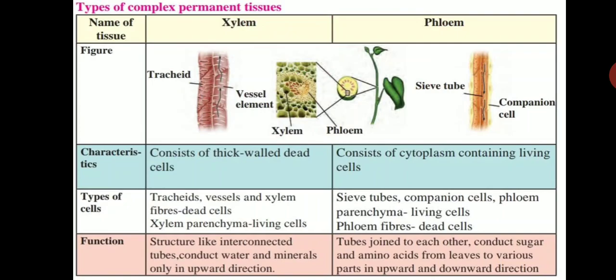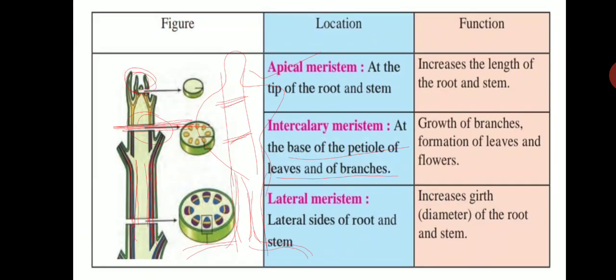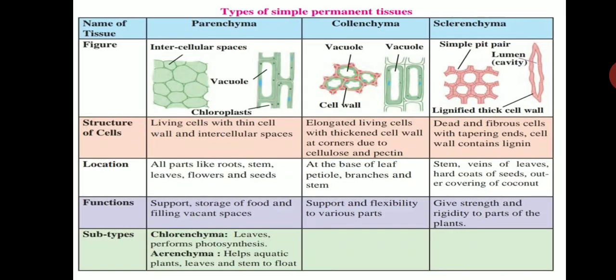So in today's class we have discussed meristematic tissue. In the meristematic tissue, we have discussed three types: apical meristem, intercalary meristem, and lateral meristem. And the main function of meristematic tissue is it helps in growth of the plant body. Then in the permanent tissue, there are two types: simple and complex permanent tissue.